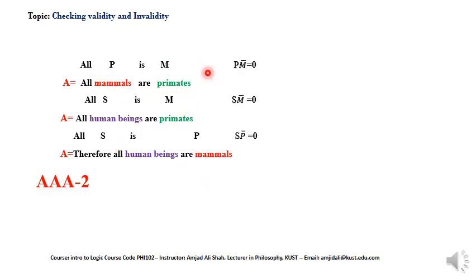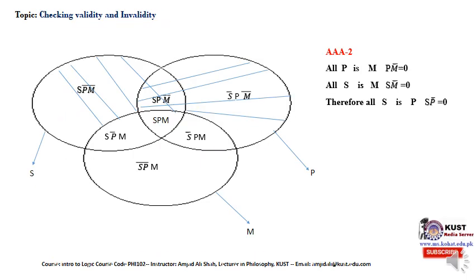So the conclusion is always SP. So all P is M, PM bar is equal to 0, all S is M, SM bar is equal to 0, all S is P, SP bar is equal to 0. Now if you look at this diagram, I have some technical problems because I was not supposed to shade it while making this video, so I did it in advance, before recording the narration.